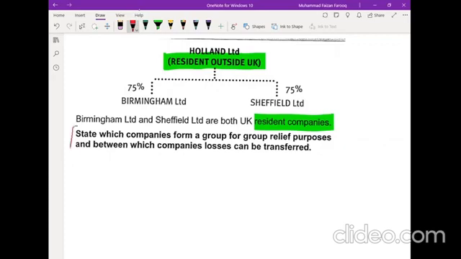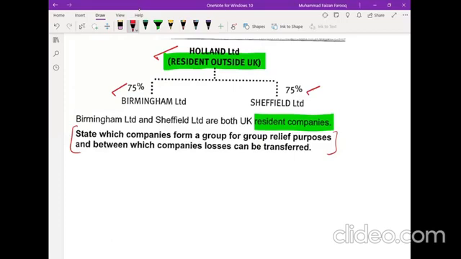Can you read the requirement, please? State which companies form a group for group relief purposes and between which companies losses can be transferred. See, residency is not an important thing. Holland is the main company. 75% means this is fine, this is also fine. So what answer are we going to write? We will write that Birmingham and Sheffield are both in a 75% group relief group, as both companies are 75% subsidiaries of Holland Limited.